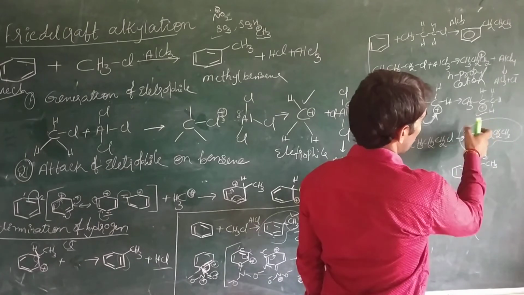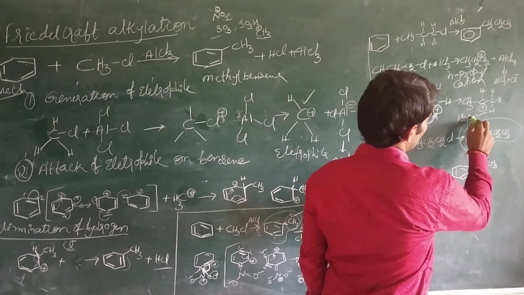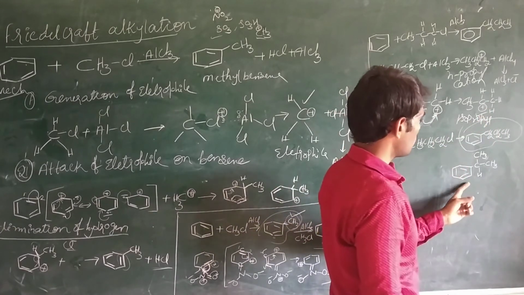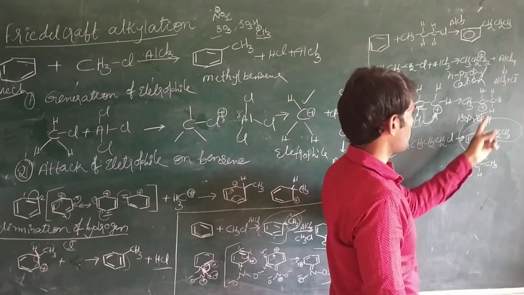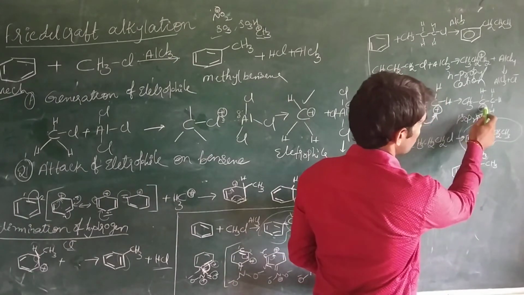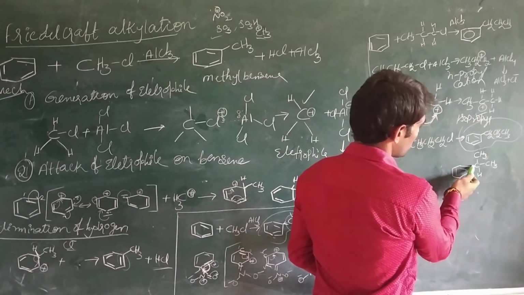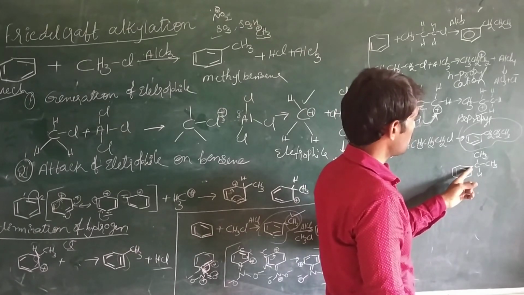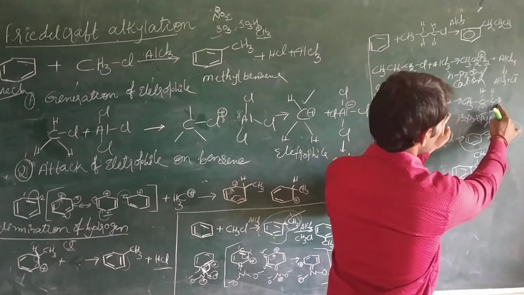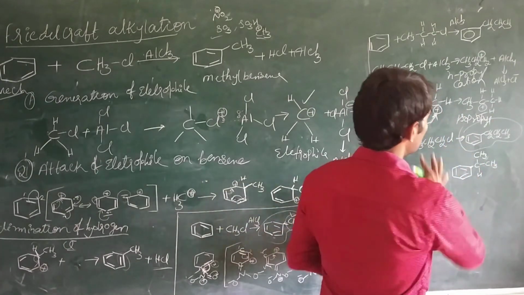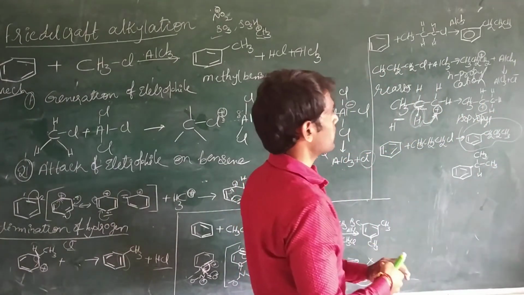If the isopropyl cation attacks the benzene, we will get this product. This carbon has hydrogen. This was the positively charged carbon previously. This positively charged carbon reacted with the benzene, and this carbon has two CH3 groups, CH3 and CH3.